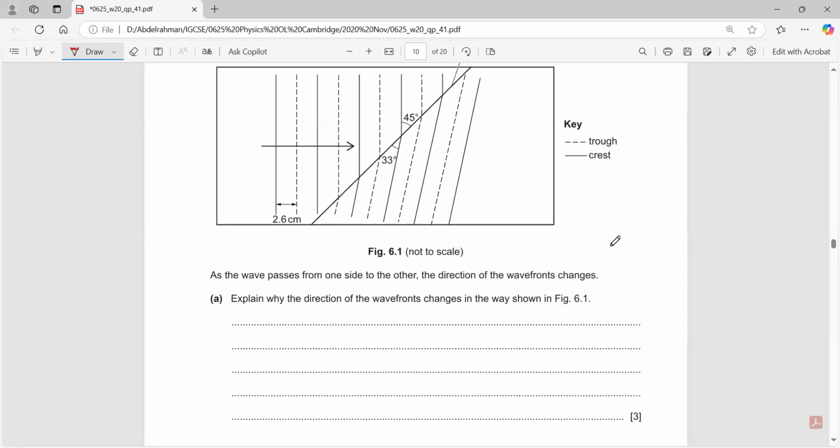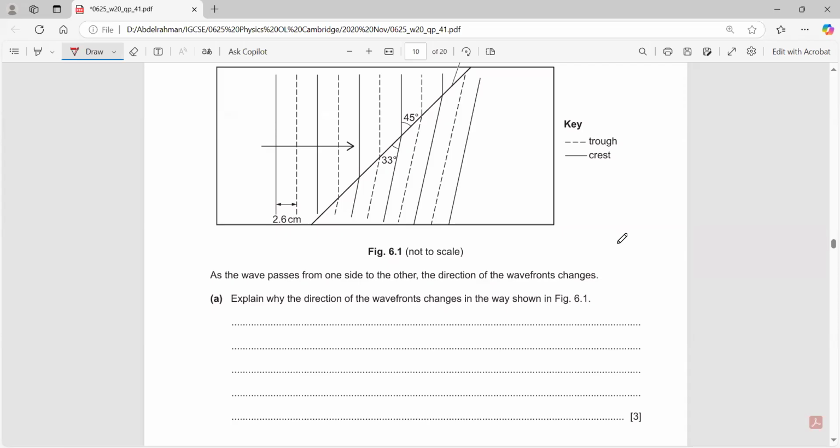When the speed changes, I can change my speed and still move in the same direction. The thing is, not all of this wave hits the boundary at the same time. Only part of this wave hits the boundary before the remaining part.